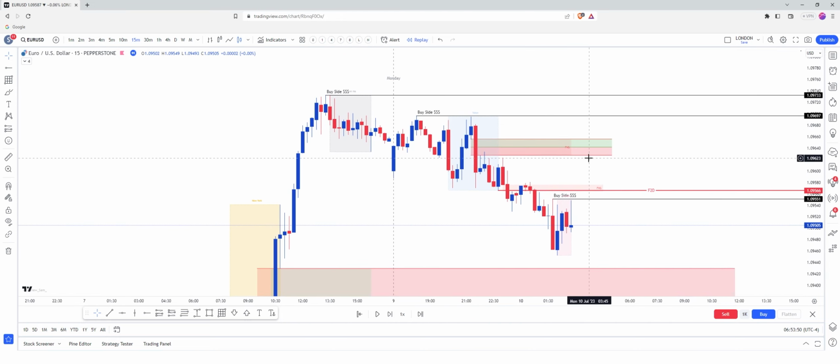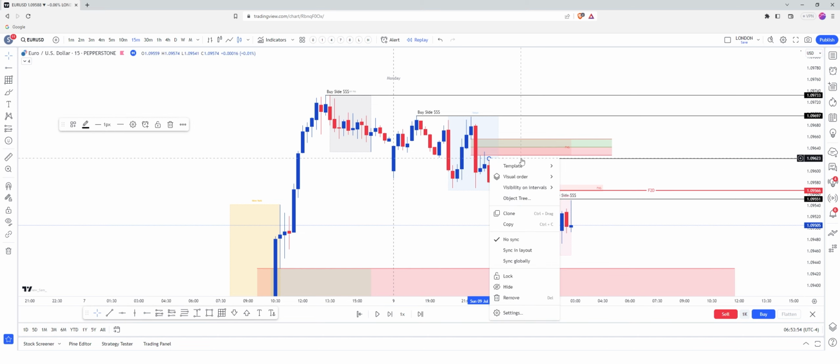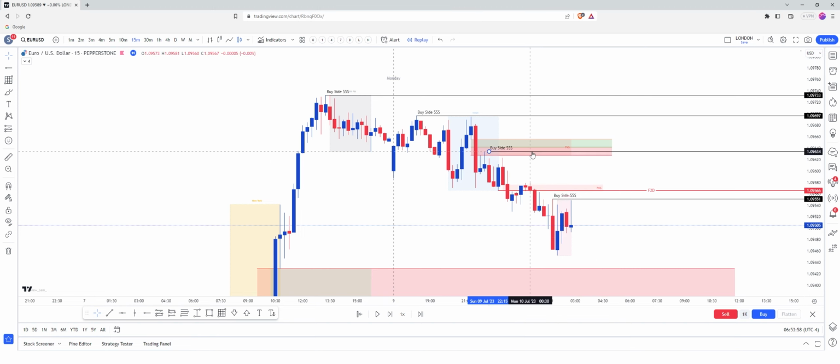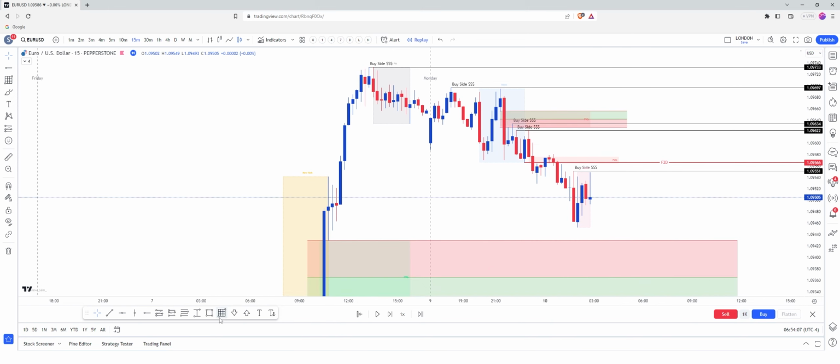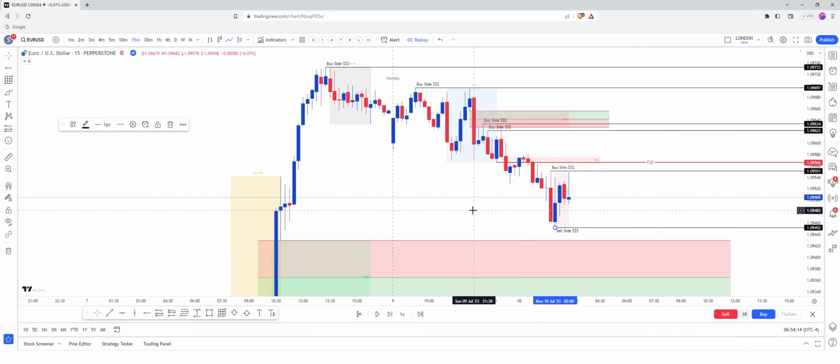We've got these relative equal lows below it as buy side, but then we do have a swing high inside it as well. So quite a lot of liquidity here. Sell side currently would be our London low.